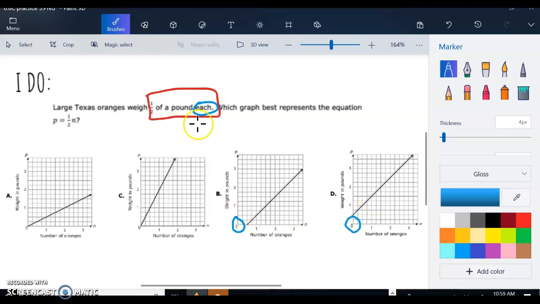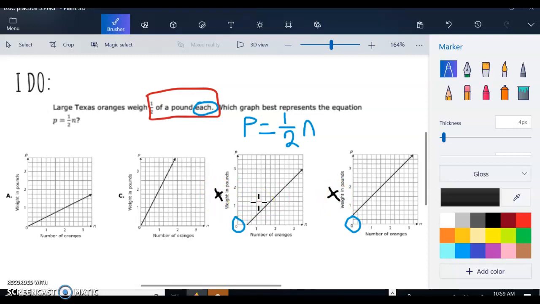And since our equation, P equals half times N, is a multiplying relationship, we know that our graph has to pass through that origin, these little blue circles that I circled. So therefore, we can automatically eliminate answer choices D and B here.